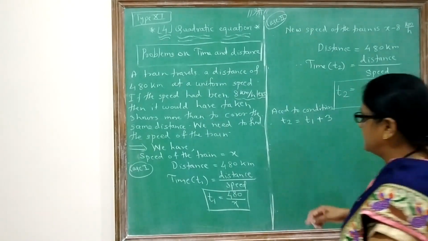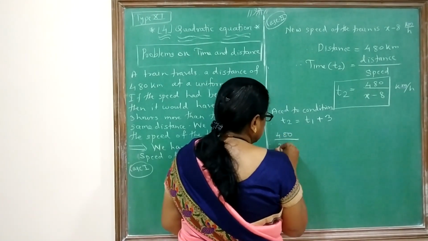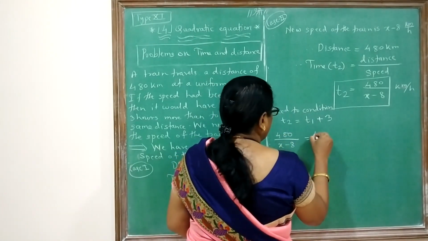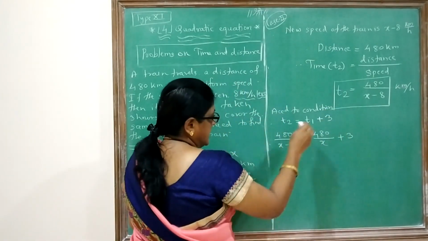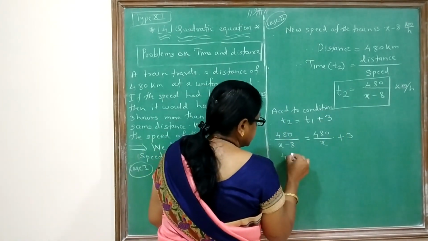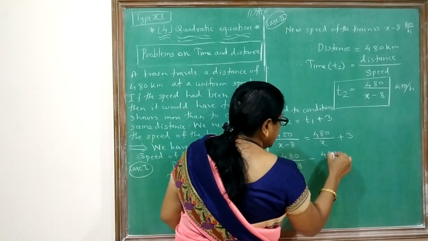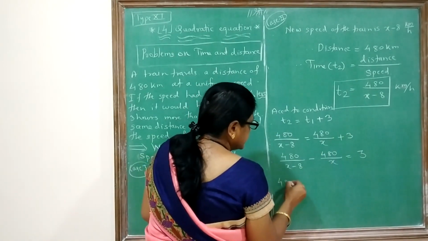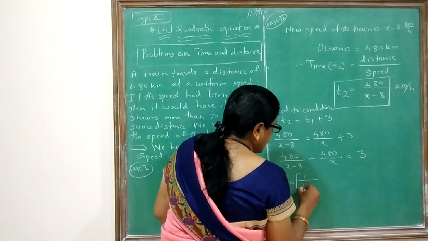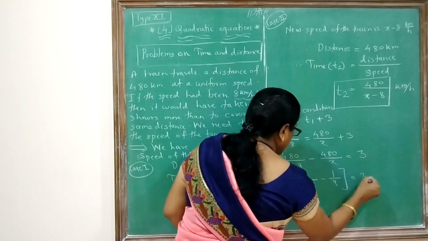Then you will put the values, that is T2 is 480 divided by x minus 8, equal to 480 divided by x plus 3. And this will be transferred to that side, that is 480 divided by x minus 8 minus 480 divided by x equal to 3. And here 480 is common, then in brackets 1 upon x minus 8 minus 1 upon x equal to 3.